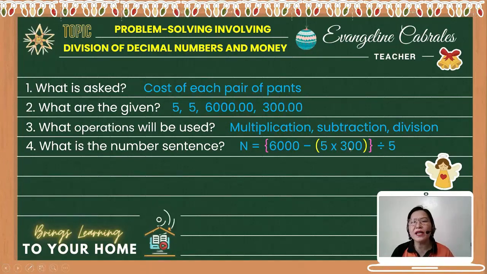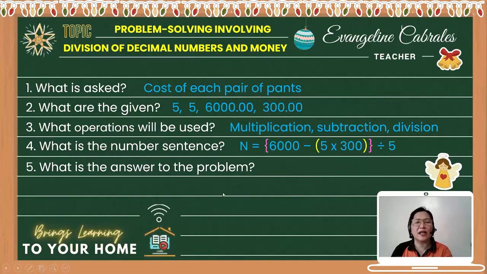Pag na-multiply na at nalaman ang total cost ng t-shirt, isasubtract mo siya sa total amount ng dalawa. At kapag nakuha mo na yung sagot, yun yung magiging cost ng total cost ng 5 pants. Ang hinahanap ay bawat pares. So, kailangan mo siyang i-divide sa 5. Kaya ganyan ang ating number sentence using the 3 operations here.